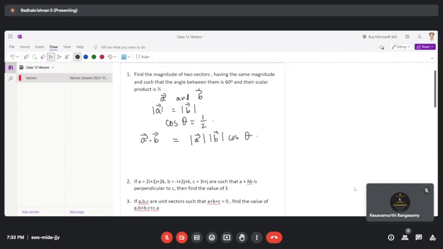It is given that this is equal to half. And we know that the magnitude of vector A is equal to the magnitude of vector B, and cos theta is half.